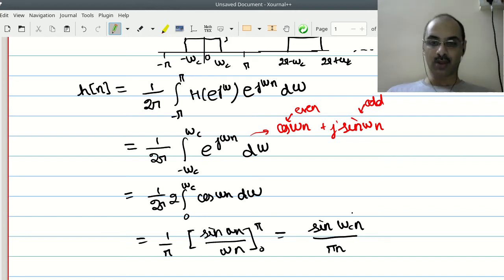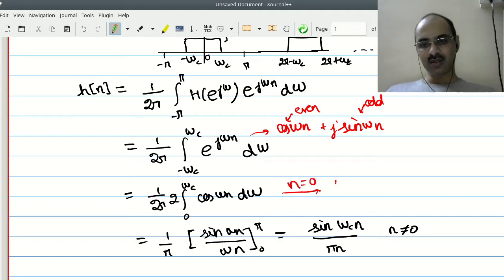Now there is a problem. We get that 0 by 0 thing here when n is 0. So we will puncture it and say this is for n not equal to 0, and when n is 0 we handle it as a special case. When n is 0, the integral just becomes omega c upon pi.